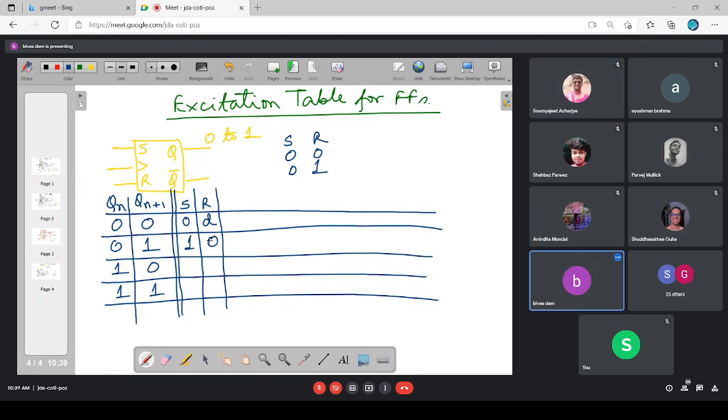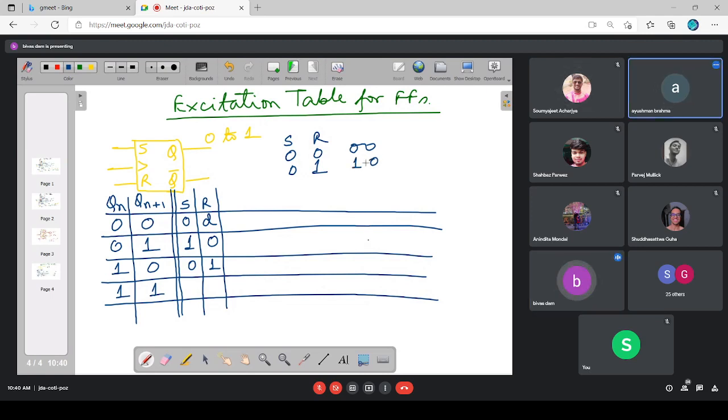Next one, it should be easy. 0 1. What about the next one, 1 to 0? It is 0 1. That is one situation, and is there any other possibility? By setting the memory, no. By resetting the memory. To reset the memory, what input condition do you require? 0 1.